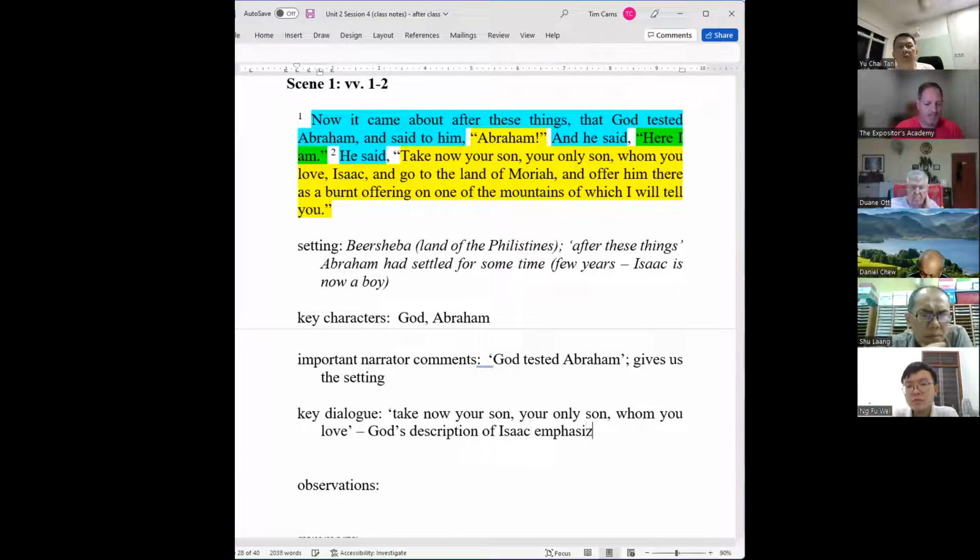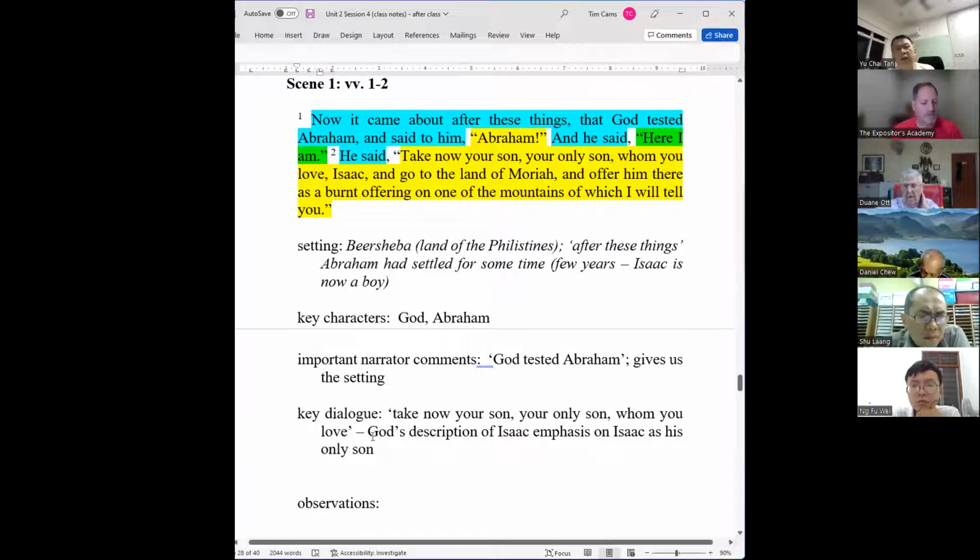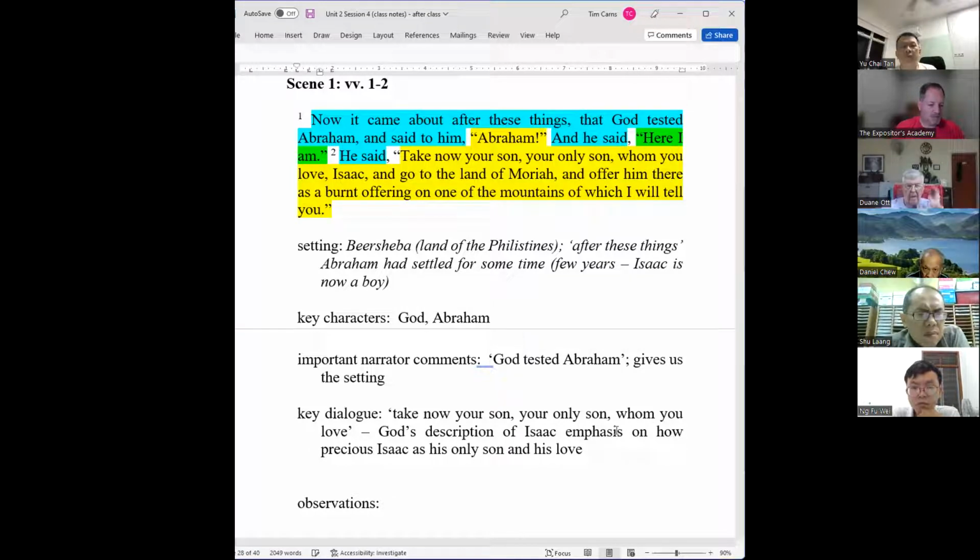Emphasis on, how would we put that? The love that Abraham had and how precious he was to Abraham. Yeah, that's good. Emphasis on how precious Isaac was. Only son, wow. Okay, good.